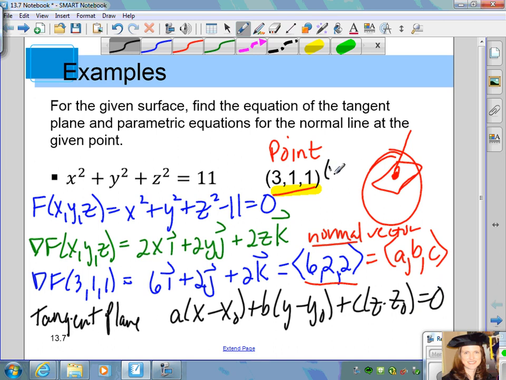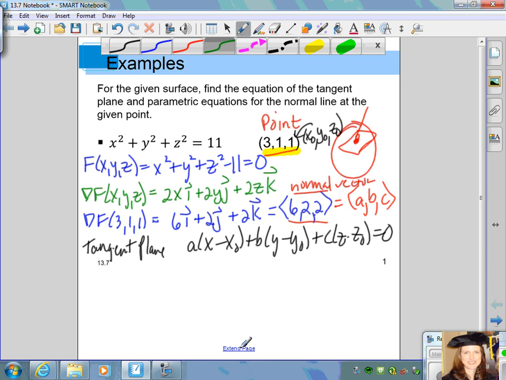So this is going to be your x sub 0, y sub 0, and z sub 0. That's your given point. Now we can use that to find the equation of the plane. It's going to be 6 times the quantity x minus 3, plus 2 times the quantity y minus 1, plus 2 times the quantity z minus 1.